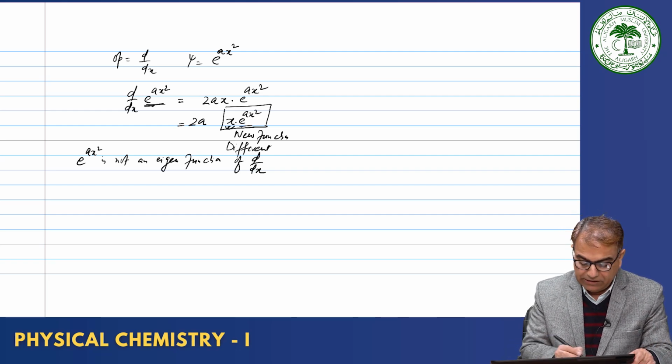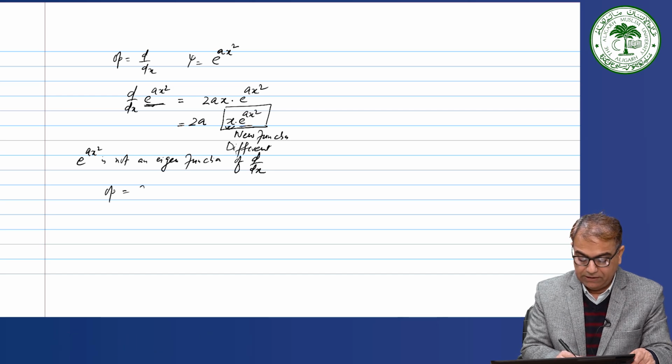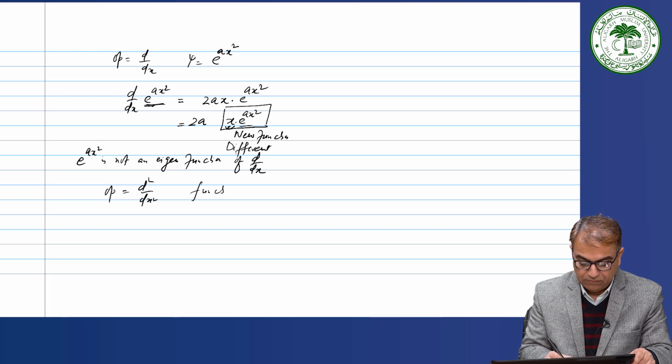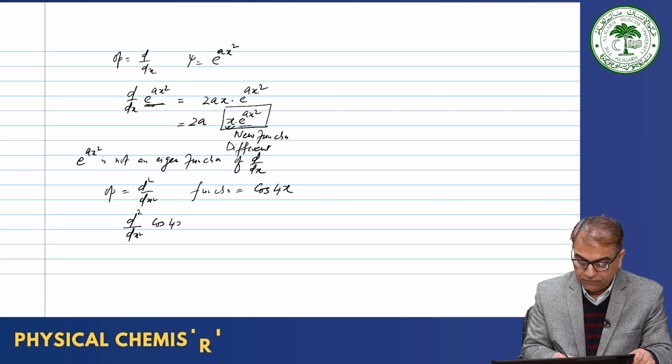Another example is that the operator is d square by dx square, and your function is cos 4x. What will happen? You will operate with the operator on cos 4x.